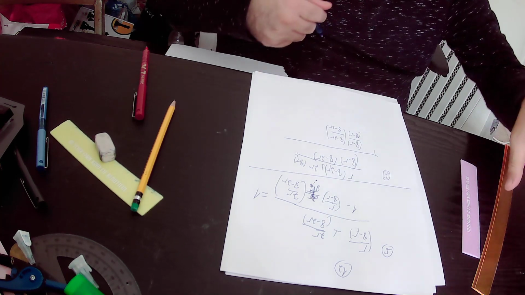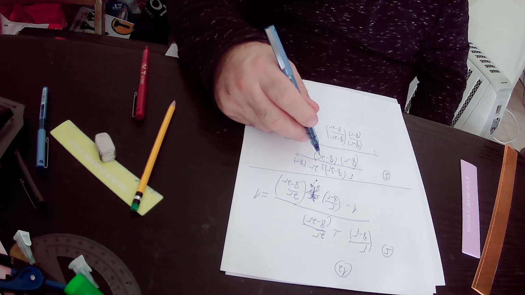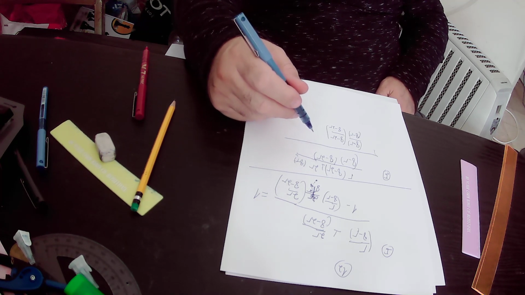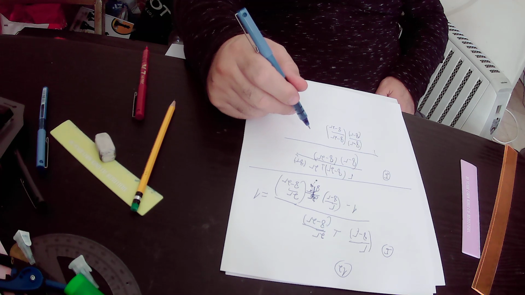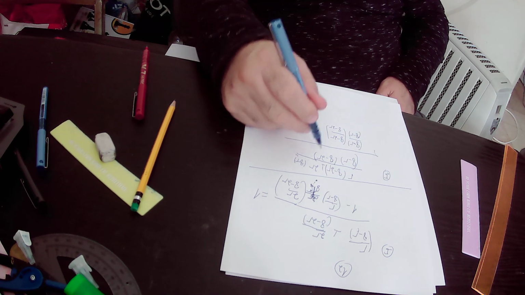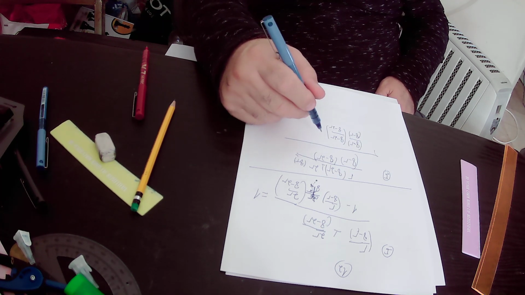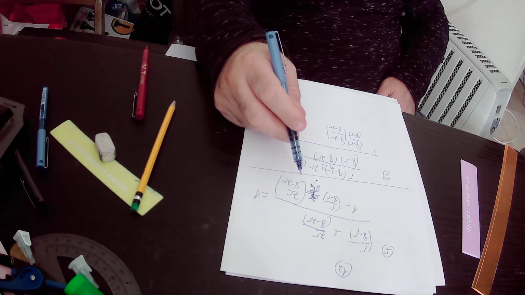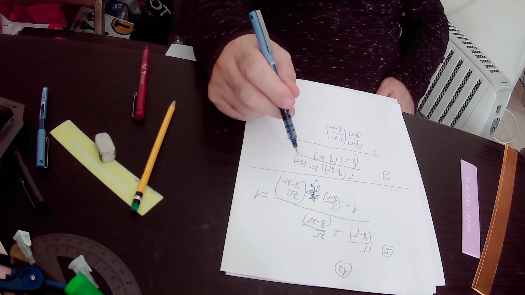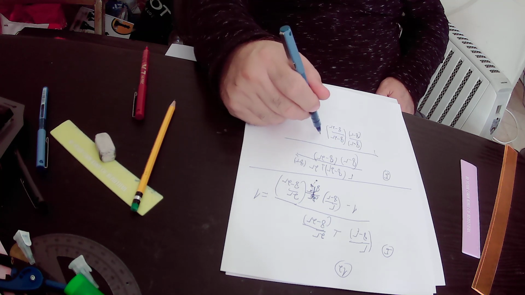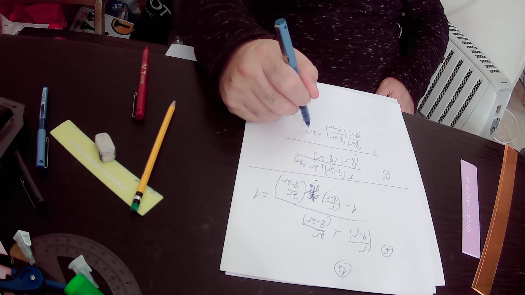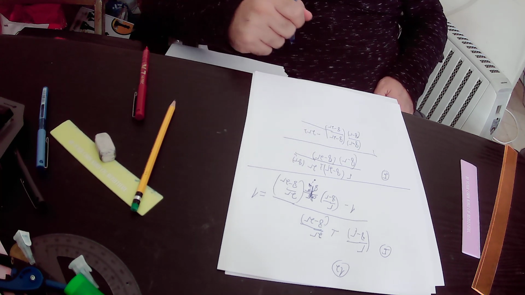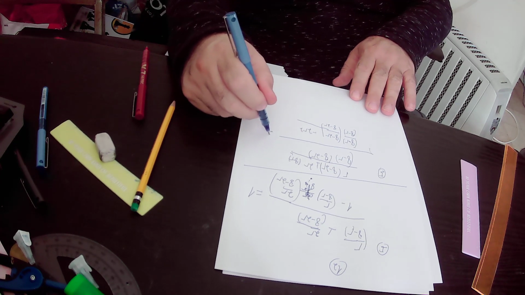Here we have minus 2R squared, and all equals to 1.